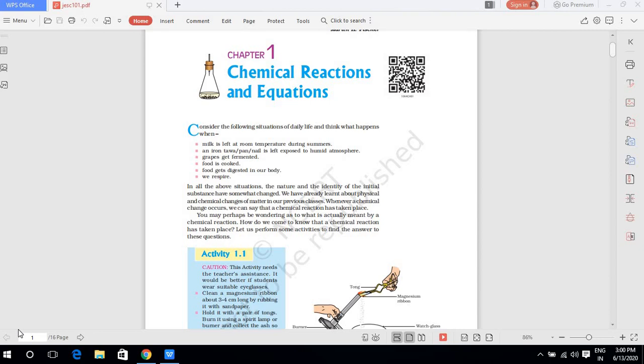Physical change means, if you break a glass, it is a physical change, because the broken pieces of glass remain glass only, not something else. The glass cup may be broken, but the pieces are still glass. So it is a physical change.